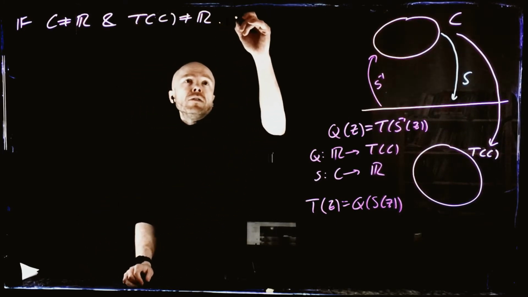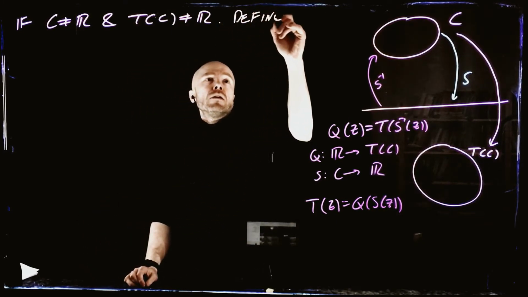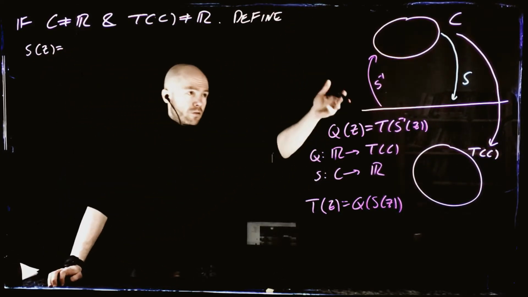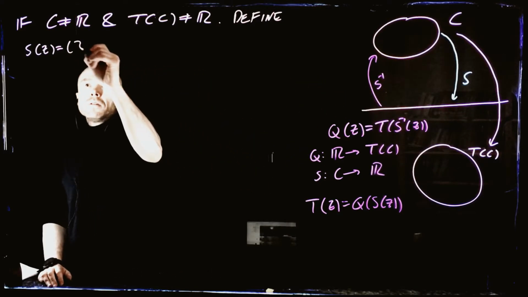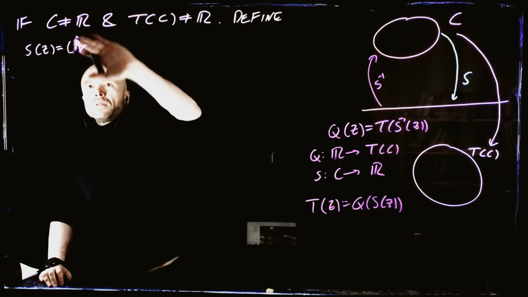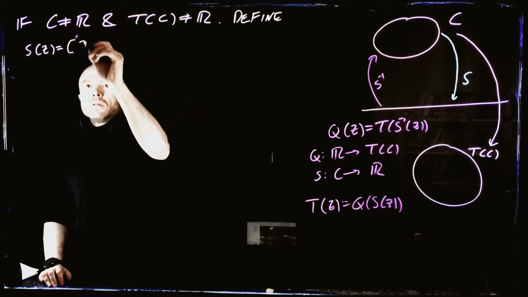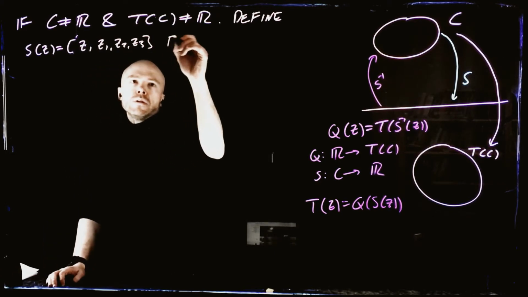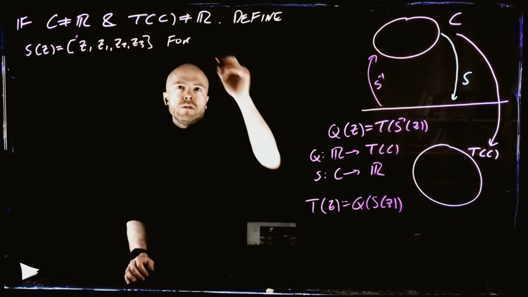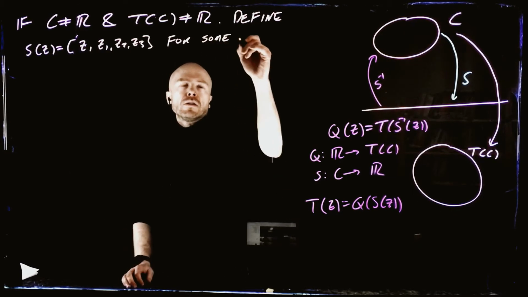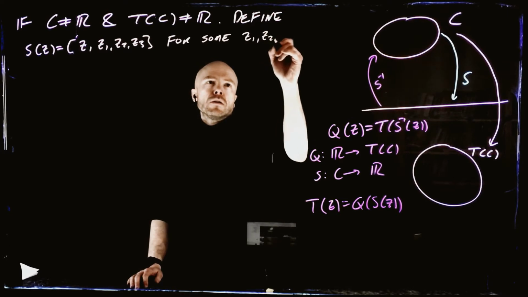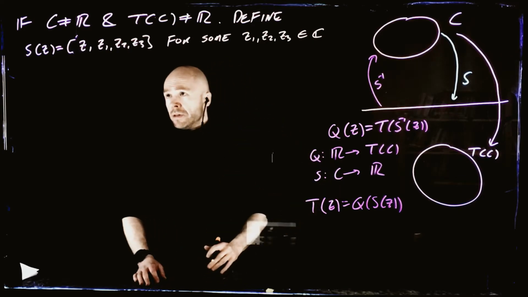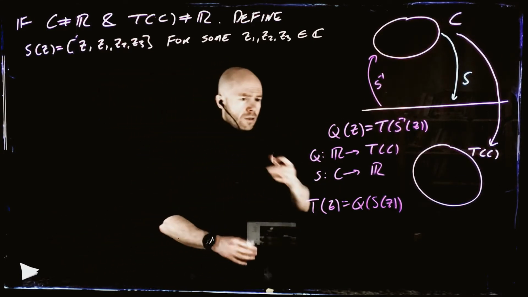So define S. We're going to use the Mobius map we create out of this cross product. So I'm going to define it like this, for some choice of Z1, Z2, Z3, which we pick on C. Okay, then what are we going to do?